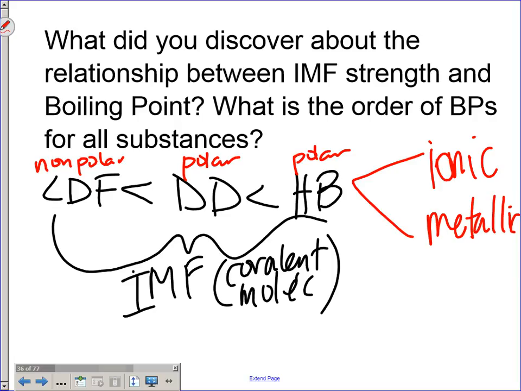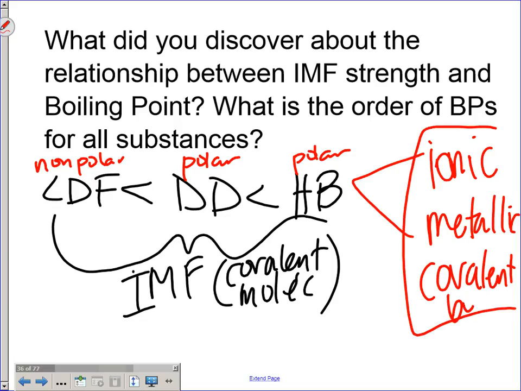What do you call those within the molecule? Intra. Right, so at this point, yes, true ionic, metallic, and covalent bonds are actually very strong compared to all the intermolecular forces. These are just helping things stay together. Whereas this atom is bonded to this atom, and there's no way you're pulling apart unless you put an extreme amount of energy into it. And I actually prioritize them as well. Ionic is the strongest of these.